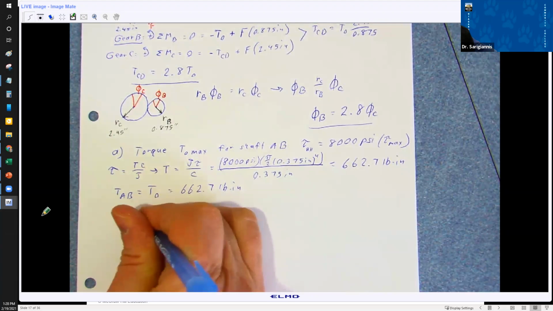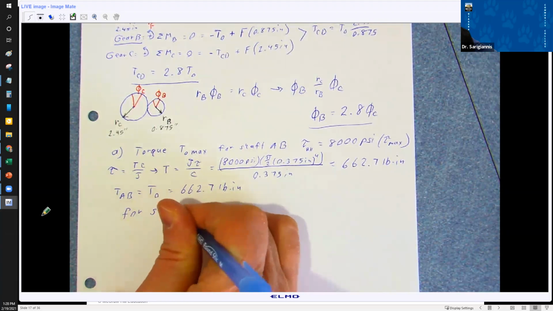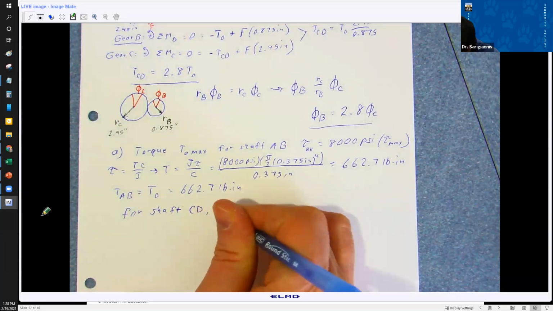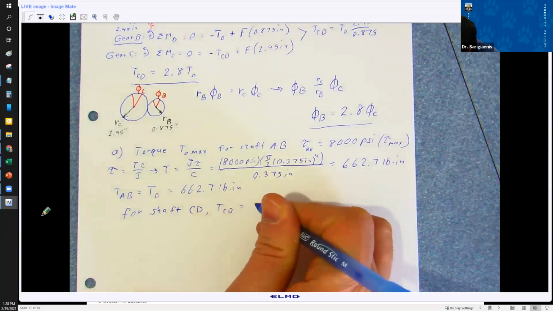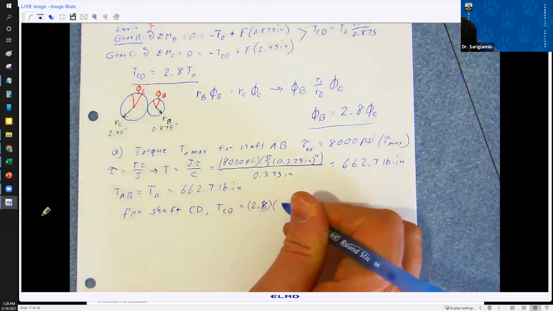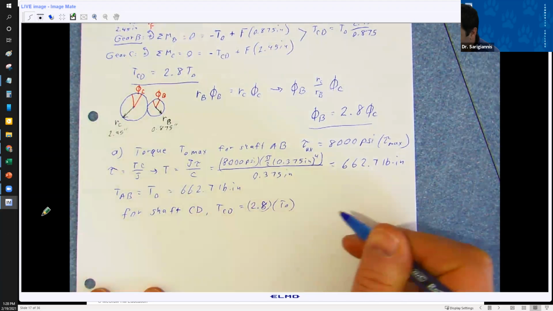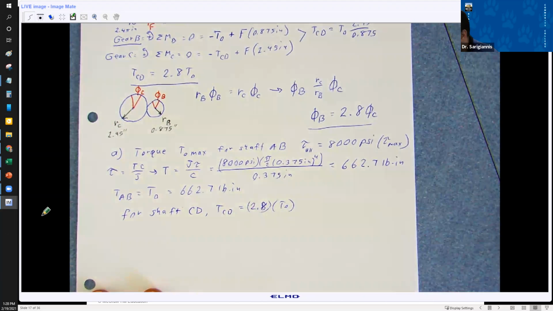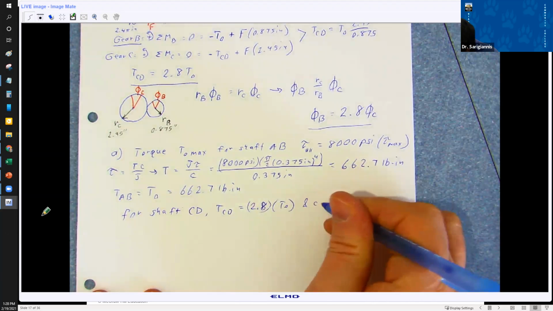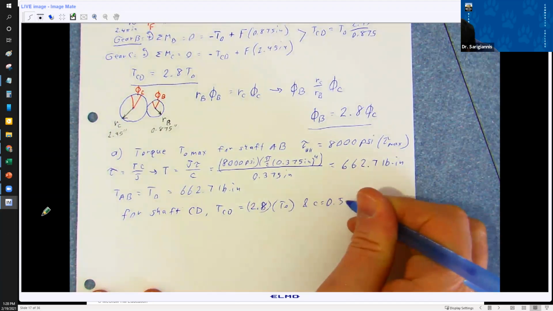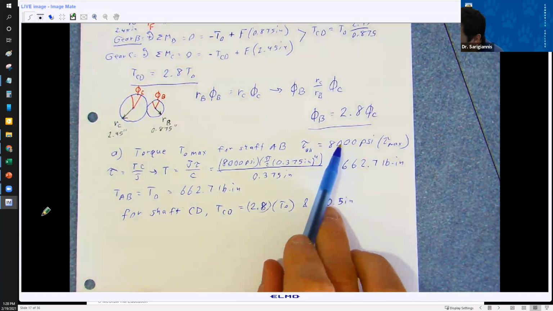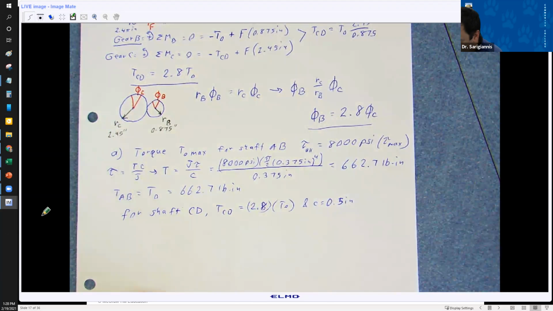Now we say for shaft CD, TCD equals 2.8 times T naught, right? Also let me make a note here, C equals 0.5 inch, and your allowable shear is still 8,000 PSI.